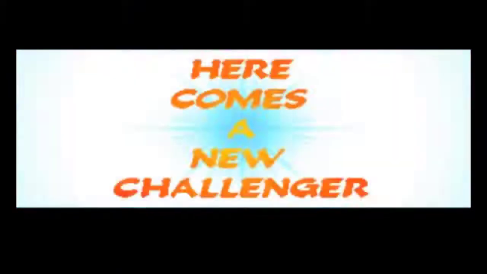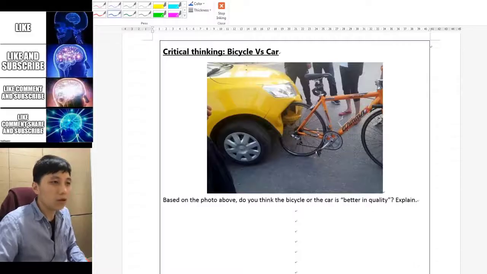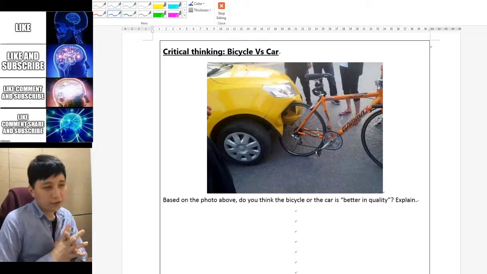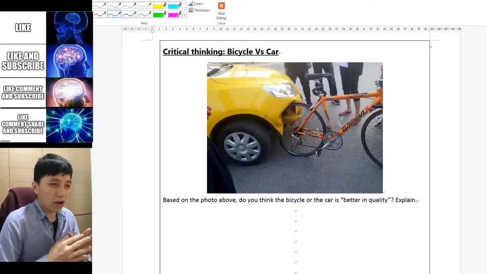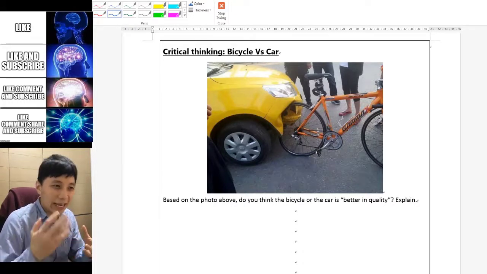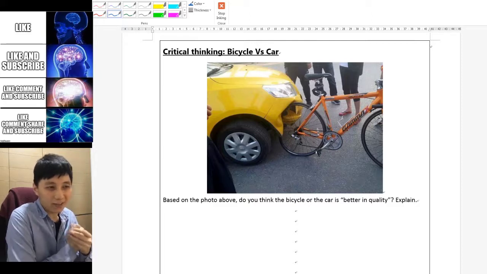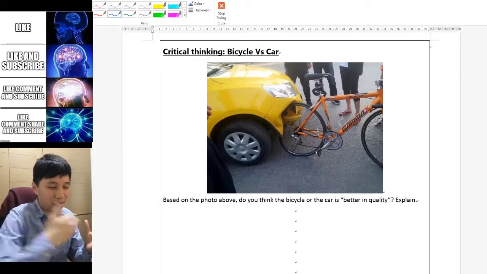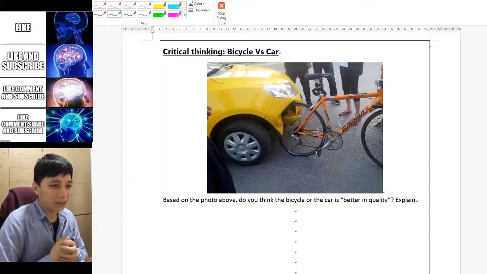Here comes a new challenger! Here is a bonus challenge for you. This is a picture that went viral a few years ago on the internet, and people were saying that, hey, they want to know which brand or which company made this car, because you can see it's ridiculous that the bicycle can actually hit the car so hard that the car kind of collapses or crumbles like this.